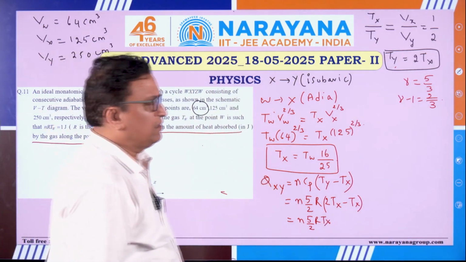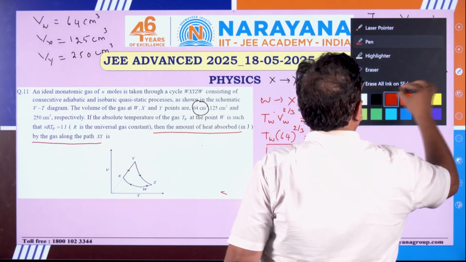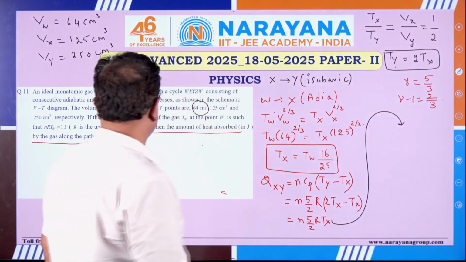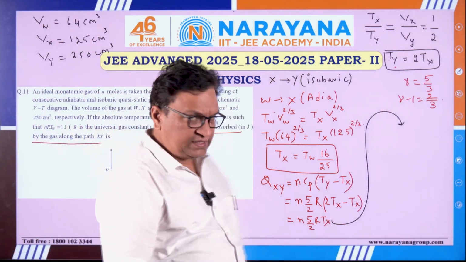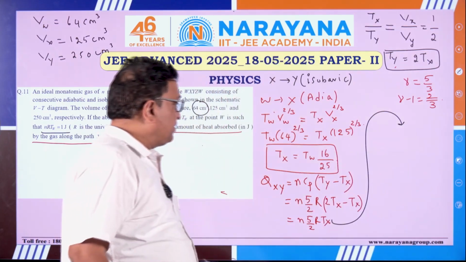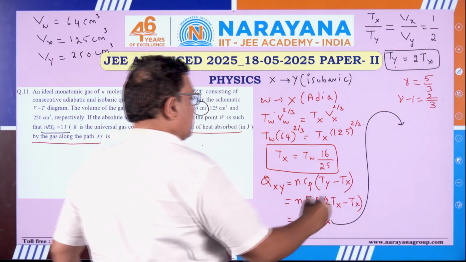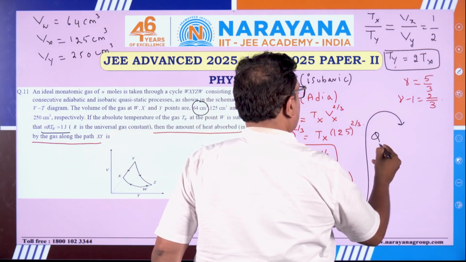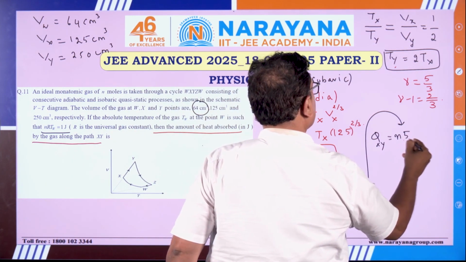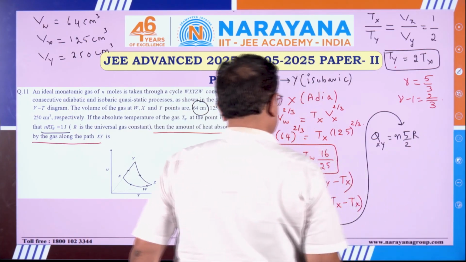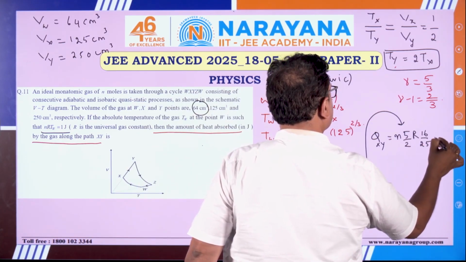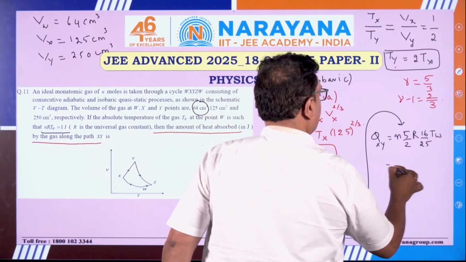Who cares for this? We want the answer to be expressed in terms of Tw. That's what he is expecting. Why? Because you can use this value. So, where do I link Tx with Tw? Here you have it. So, Qxy can be written as n into 5 by 2 R into Tx, which is 16 by 25 times Tw.